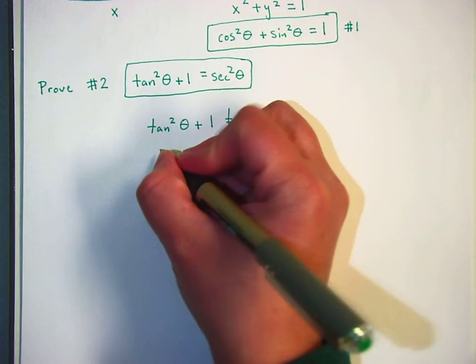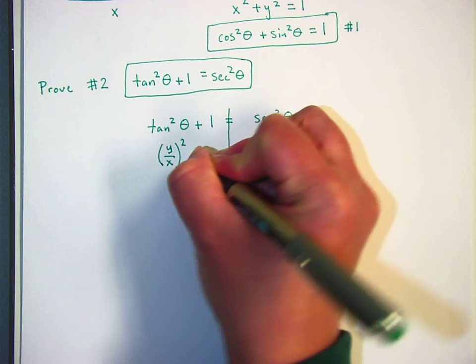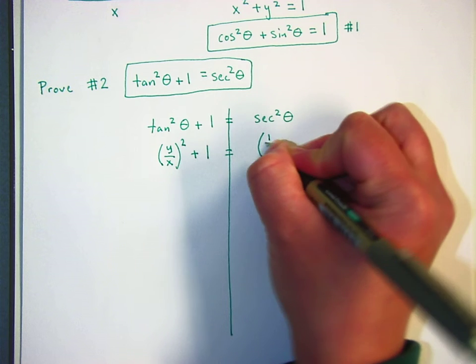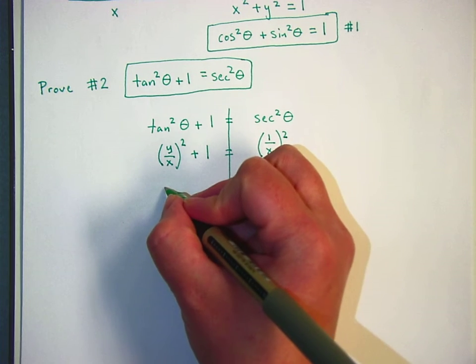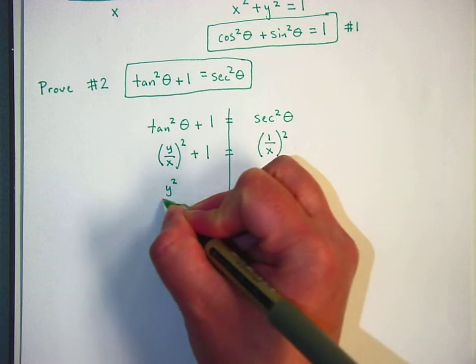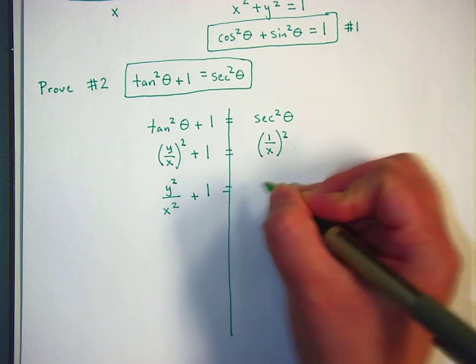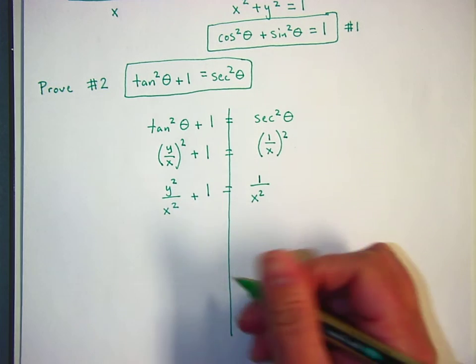So I'm going to write (y over x) squared plus 1 equals (1 over x) squared, which equals y squared over x squared plus 1 equals 1 over x squared, because 1 squared is 1.